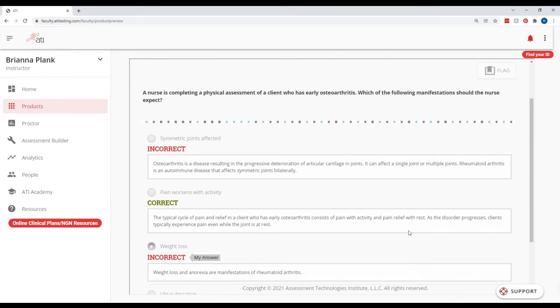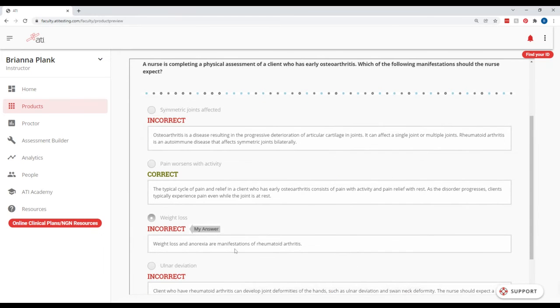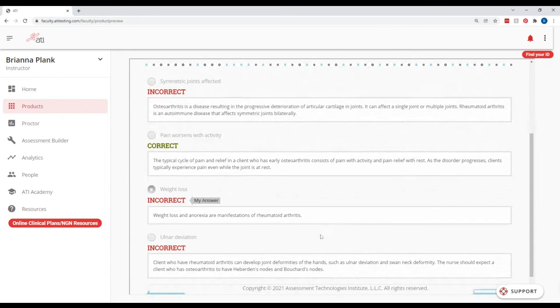So the osteoarthritis, they're going to see pain with activity, and then they're going to feel better with rest. The other choices are really rheumatoid arthritis.